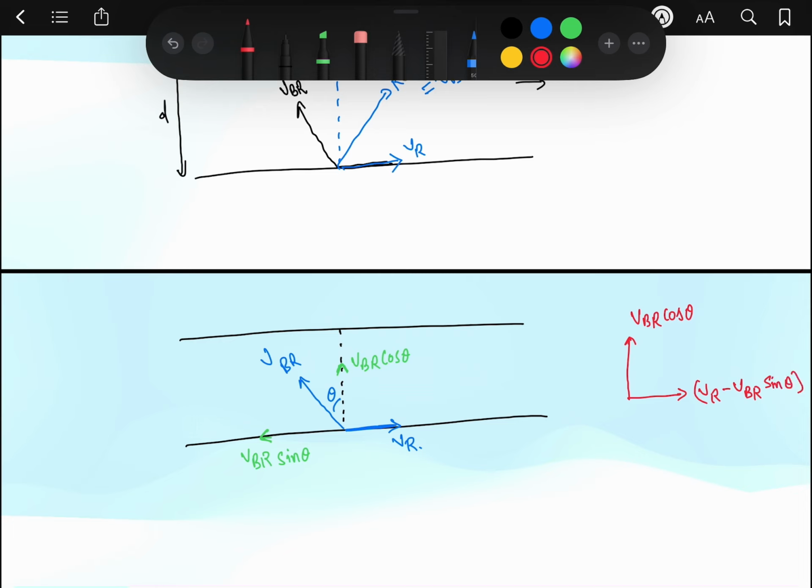Basically this is the component of the velocity along the y cap direction, and this is, let us suppose, the x cap direction. Then the resultant of these two velocities, let us suppose, is like this. So this will be our velocity of boat with respect to ground.